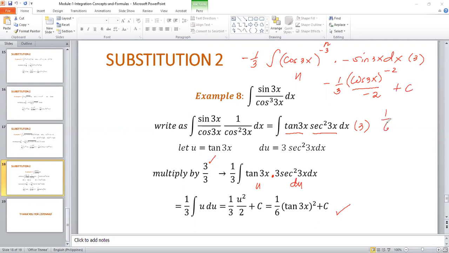Equivalent to 1/6 times 1 over cosine squared 3x plus c. What's 1 over cosine squared 3x? It's 1/6 secant squared 3x plus c. You can have this as your answer. You can have this as your answer. Both using substitution. Do you get it?